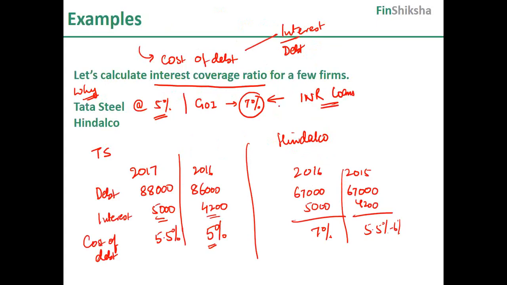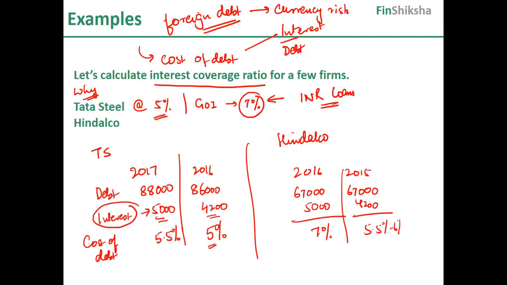So maybe it is not INR loans. If it is not INR loans, then this is a foreign currency loan. Technically, you are looking at a foreign debt. If it is a foreign debt, then this carries a currency risk, right? However small it might be, there is a currency risk. And the problem is your interest cost does not include the currency risk.